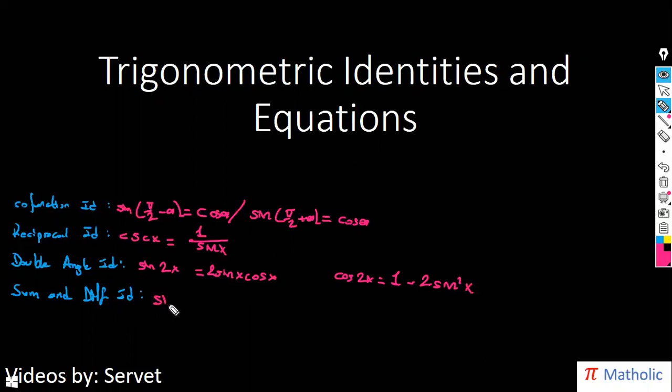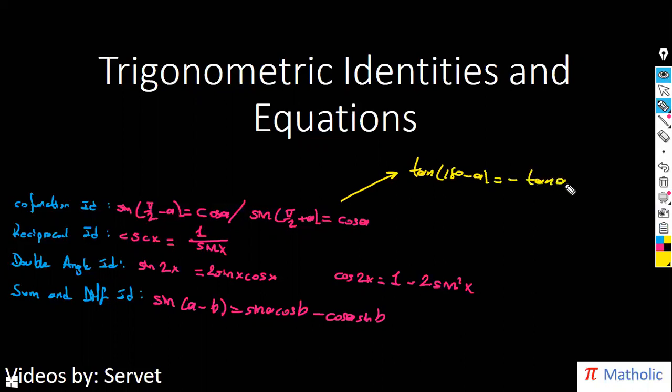Here I need only sine a minus b, which is sine a cosine b minus cosine a sine b. Additionally, let's remember tangent 180 minus a can be written as negative tangent a. Okay, so by using these identities, we are going to solve some questions. If you are ready, let's start.